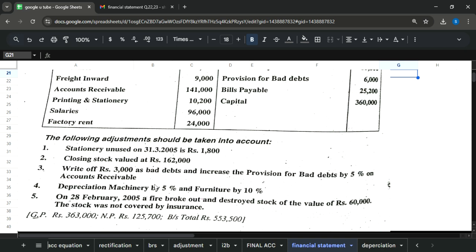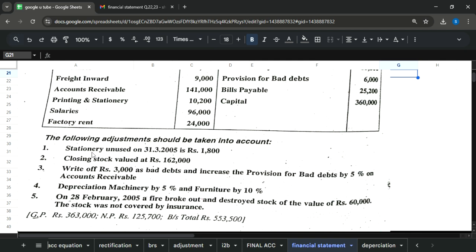So basically this topic is related to adjustments in financial statements, and adjustments will be solved as our first step. What did I say? That these adjustments would be solved as the first step.